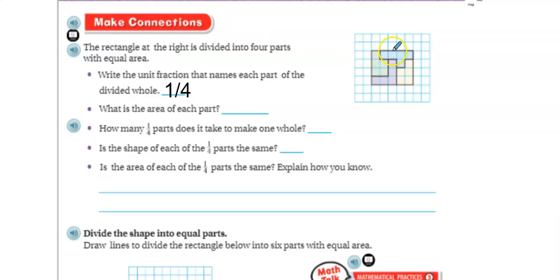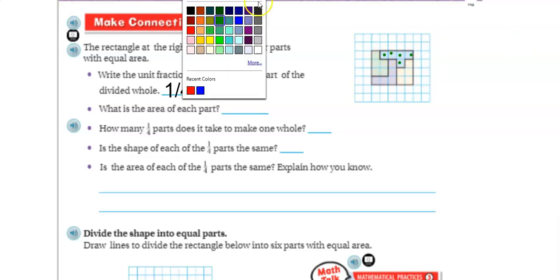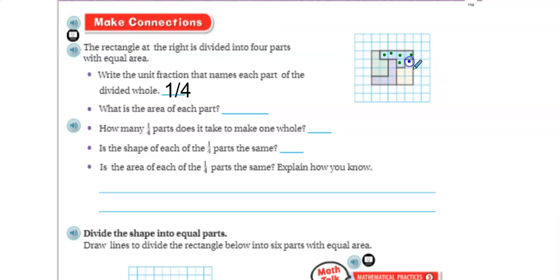My pen. So there's 1, 2, 3, 4, 5. So that would cover all of it. So there's 5 in that one. Let's keep going. 1, 2, 3, 4, 5. So there's 5 in every single one. So your answer would be, for right here, would be 5.